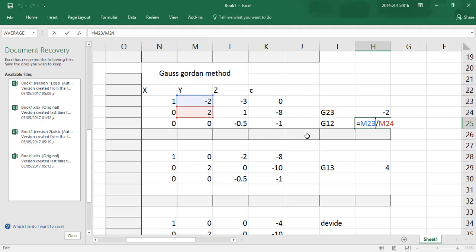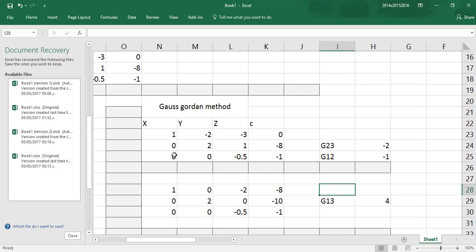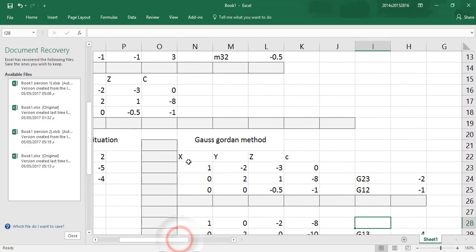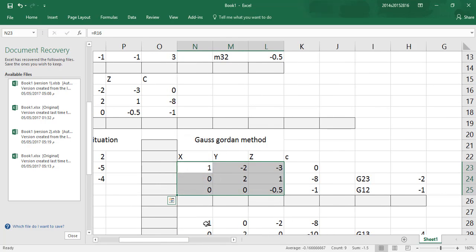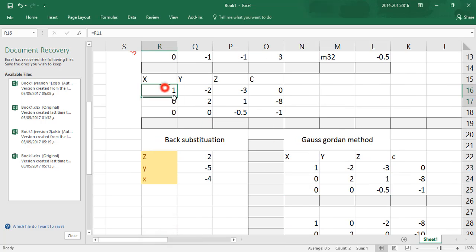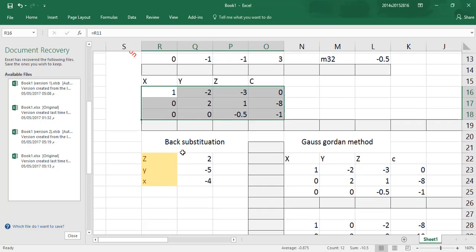After getting the values of the two parameters, we will copy and modify the matrix. You will note that this matrix is a copy of this matrix. I mean that we complete our work after finishing this step.